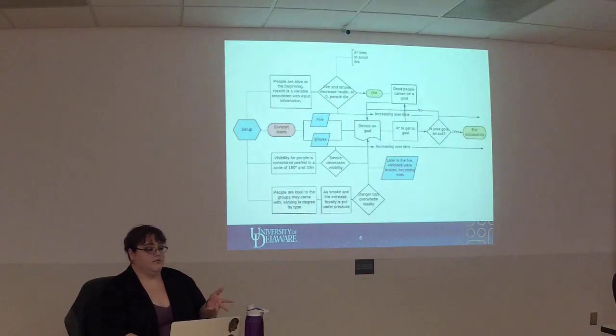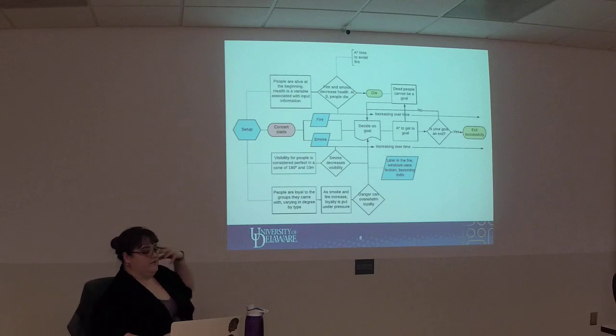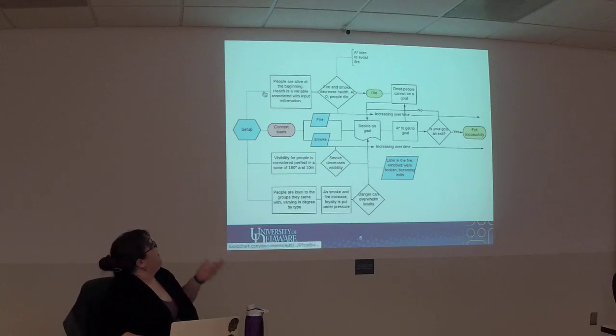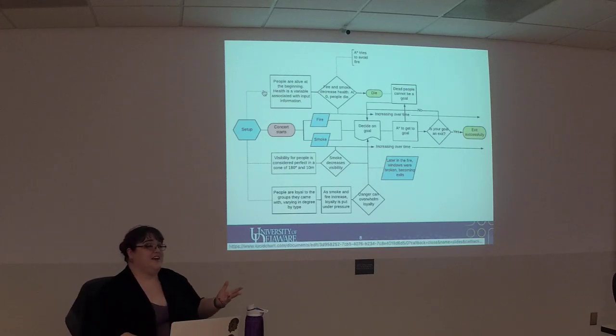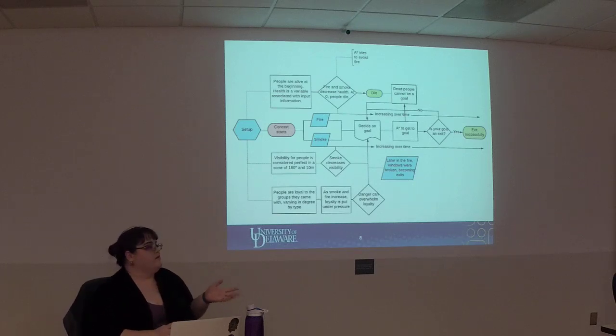And so to talk about how it does work, from the initial setup, people are alive at the beginning. That is one of the fundamental setup components. Health is a variable, but it was set up using data about the individuals, but it's not highly variable.